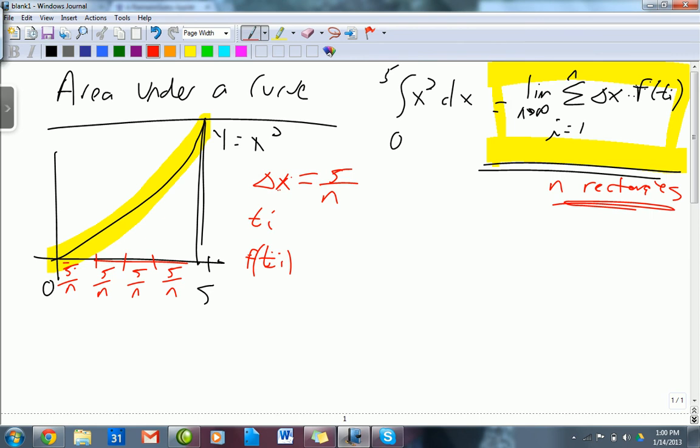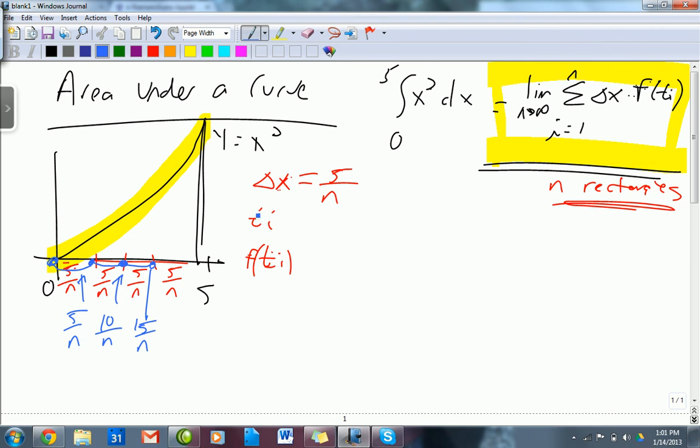Now those common bases, delta x, which is 5 over n, give us the tags, right? To find my tag, I'm going to start over here at 0 and jump to my first, let's say, right tag. Since the delta x is 5 over n, that leads me to 5 over n. I'm going to jump to my next tag, which is going to be 10 over n. Jump to my next tag, which is going to be 15 over n, etc. So the first tag is 5 over n, the second tag is 10 over n, the third tag is 15 over n.